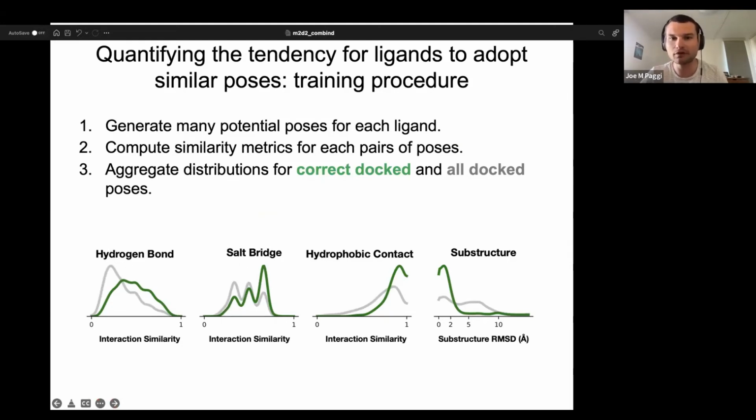The first three quantify whether the ligands are forming this type of interaction with the same set of protein residues. So they're asking, does the ligand form hydrogen bonds with the same specific residues? The way we do this is, for two binding poses, we record the interactions, and then we take a Tanimoto coefficient between the two sets.